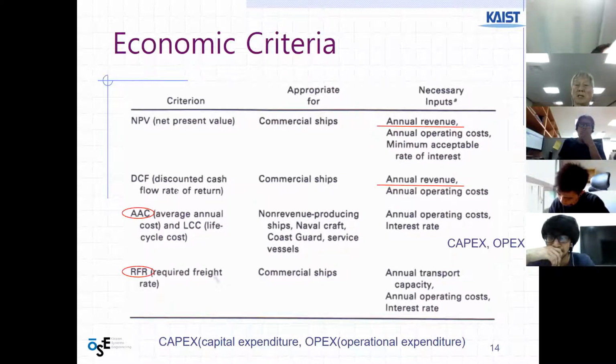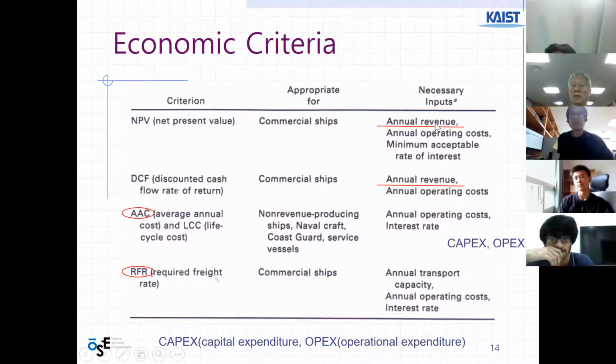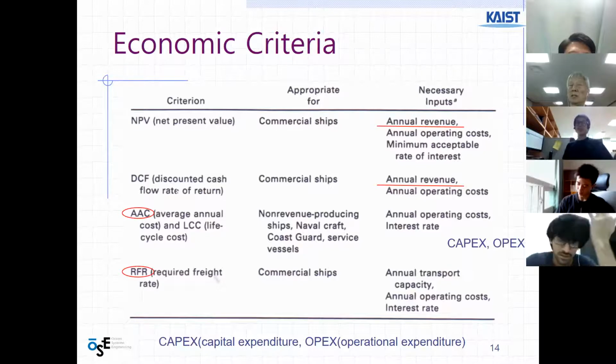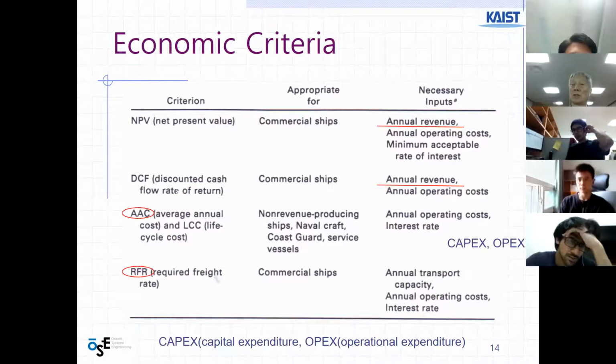But that is not the case, because you need to know the necessary inputs in the right column. Annual revenue is the most important: how much money you can get from the business. That is not easy. Say you are thinking of operating a restaurant, how much money will you get from the restaurant within one year?